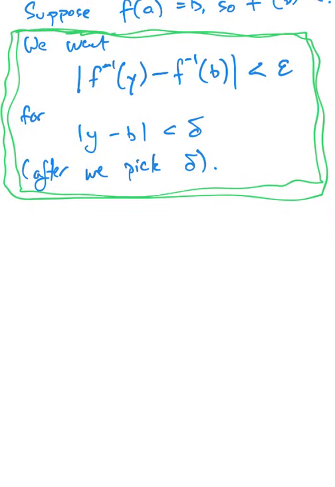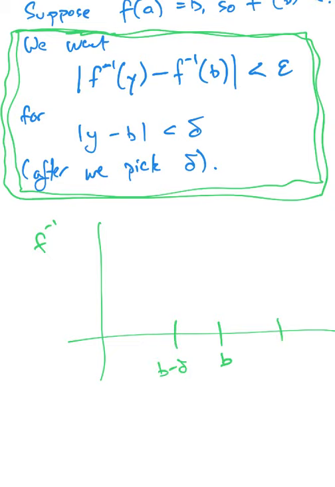Now, why did we do strictly increasing? Let's say this is our point B, and I'm going to plot f inverse. F inverse is strictly increasing. So if I go over here to B minus delta, and over here to B plus delta, what does f inverse look like in this region?